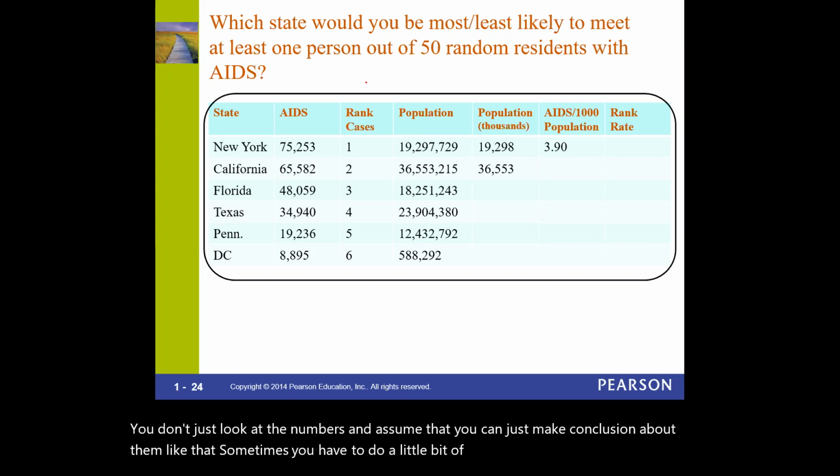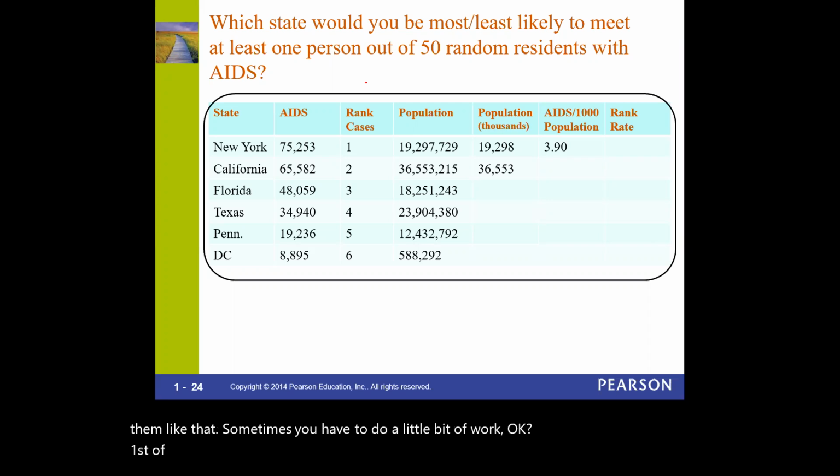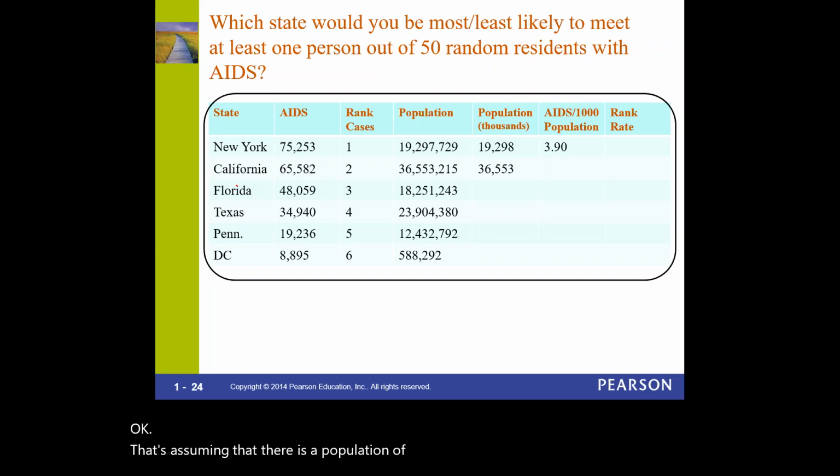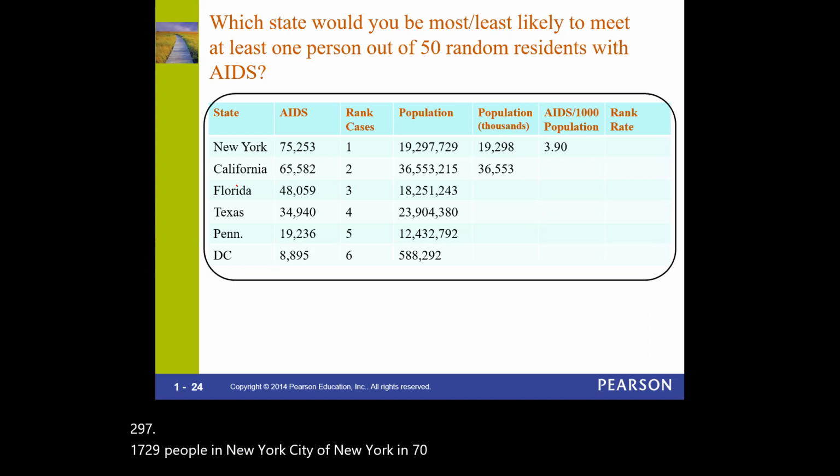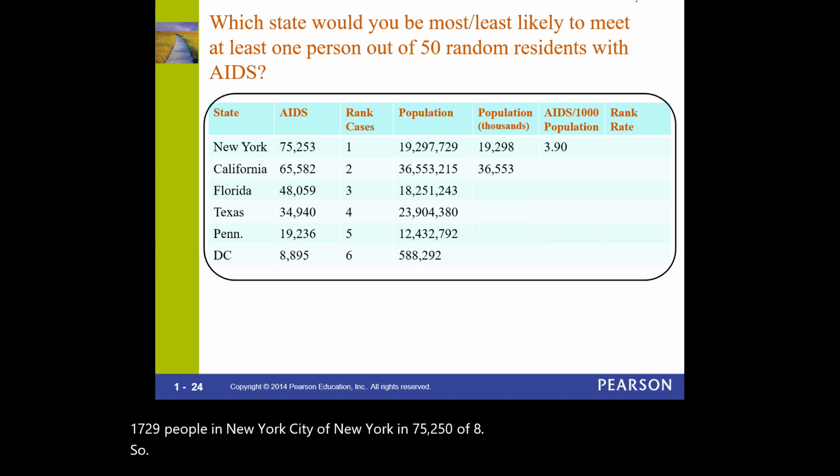First of all, let's see how many people are in each of these states. Assuming there is a population of 19,297,729 people in the state of New York, and 75,250 have AIDS, let's try to fill out this table.